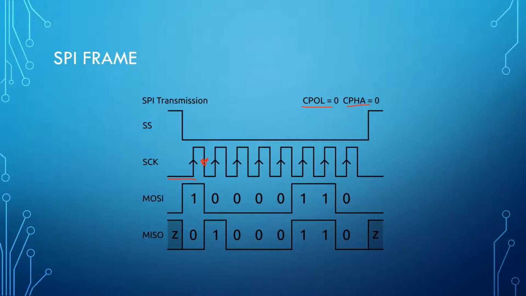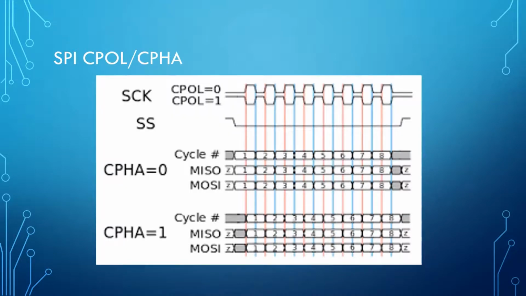As we see, when slave select goes low and the clock is enabled, master and slave start communicating, but the data changes at the negative edge of the clock.